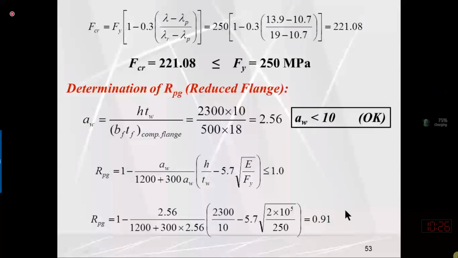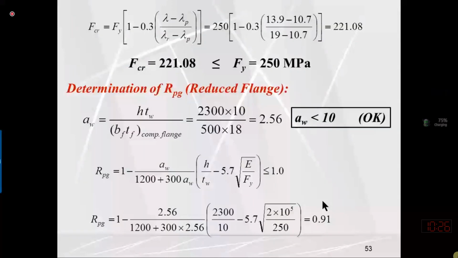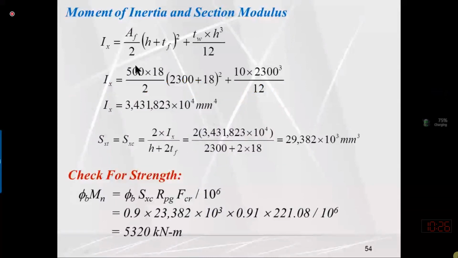In the same way, you will compute the section modulus. Section modulus is the moment of inertia divided by the distance from the neutral axis to the extreme fiber. I have already explained this expression.